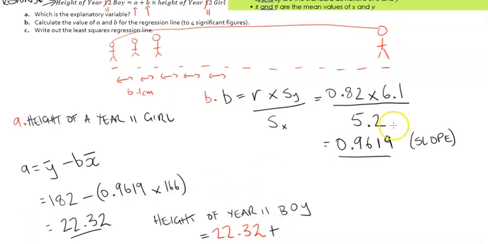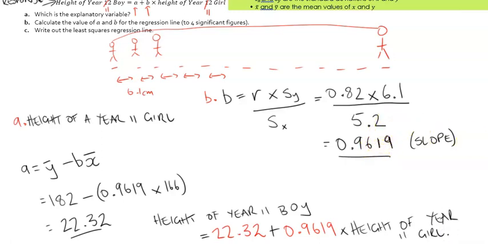We know it's going to be a plus because the b value is positive. If it was a negative, it would be a subtraction. And this is 0.9619 times the height of year 11 girl. I'll leave it here.